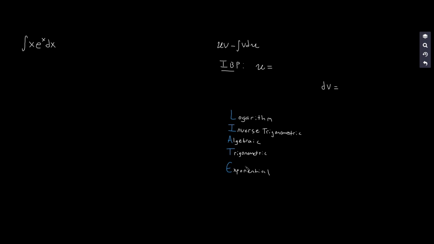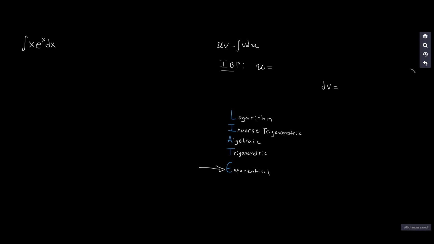And so when it comes to addressing our integrand, you can see that algebraic, in this case x, has precedence over exponential, in other words Euler's number, because it comes at the very last. So I can see the algebraic expression x comes before the exponential.